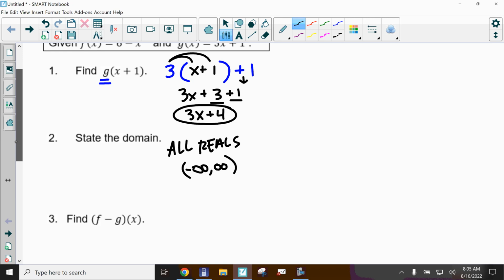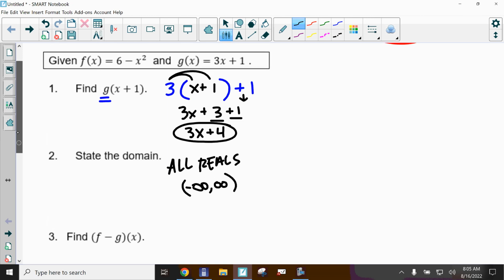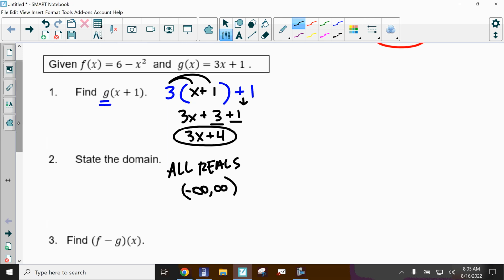Problem number 3 says find f minus g of x. So if we're going to do f minus g of x, you're going to have the f problem first, and then you're going to have the g problem second, and then you have to put a minus in between. So the f problem is going to be 6 minus x squared.